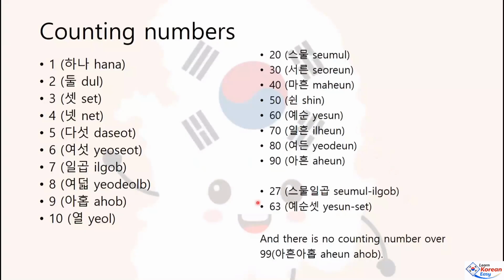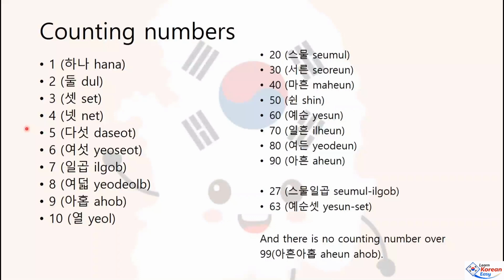Okay, so this is another way of counting numbers. So we did the first way of saying, which was the 1, 2, 3, 4, 5, 6, and so forth. And this is another way of counting numbers. 하나. That's number 1.